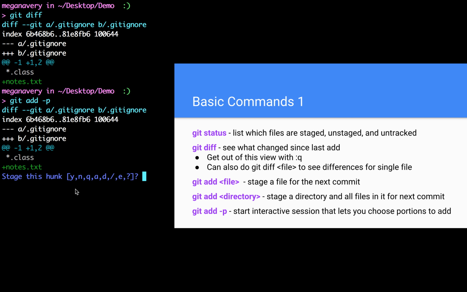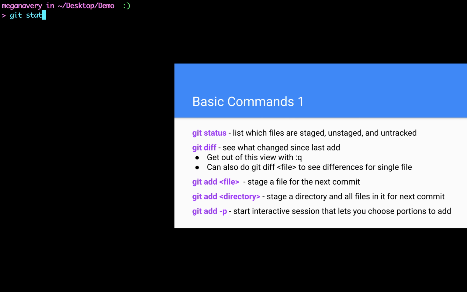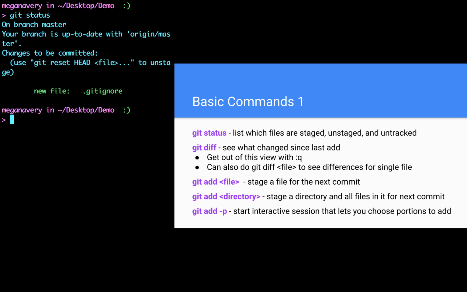I only ever care about yes versus no, and I'm going to go ahead and say yes. I do want to stage it. Now if I do git status again, I just have this one thing shown because I've added another change and I haven't committed yet. So it's squishing all of those adds together.